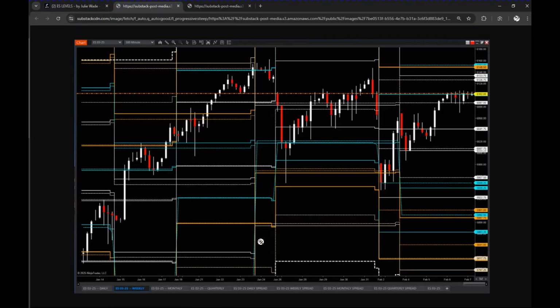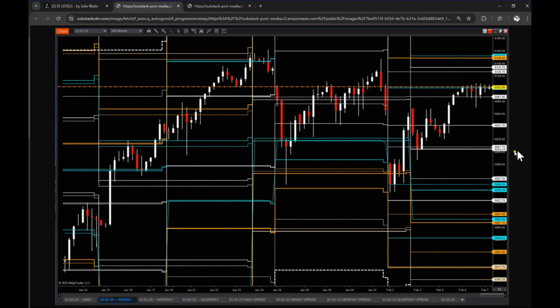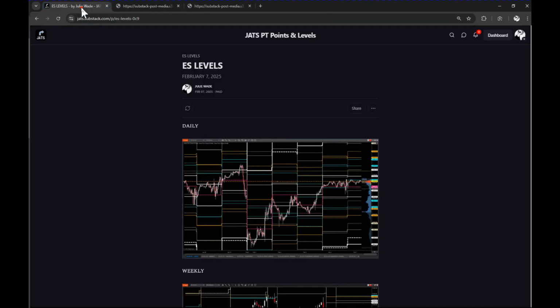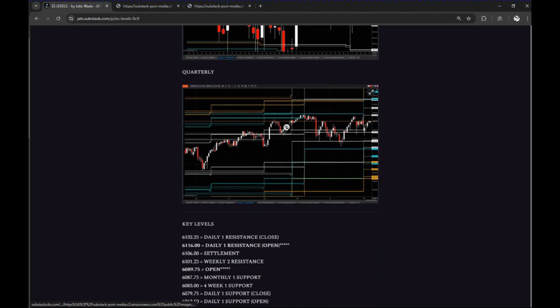Weekly. What I like about this too is you can really get a close-up look at where the levels are and see how the support resistance. This was a weekly 2 for resistance. Monthly and quarterly.